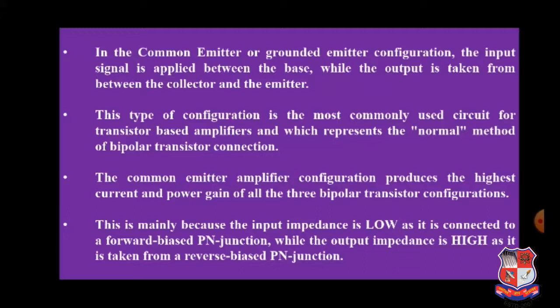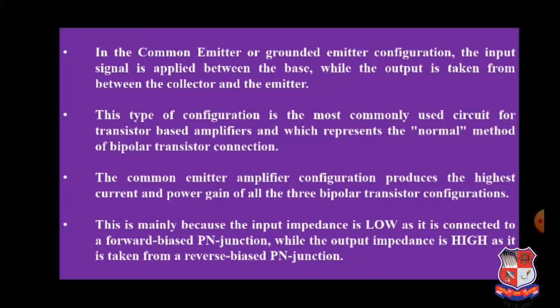So we can easily identify the highest amount of output power as well as output current with respect to the input one, and the reason for getting the highest current and power gain is mainly because the input impedance is very low, as it is connected to a forward biased PN junction, where forward biased means what?